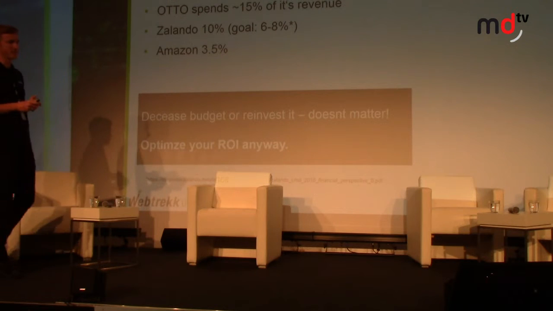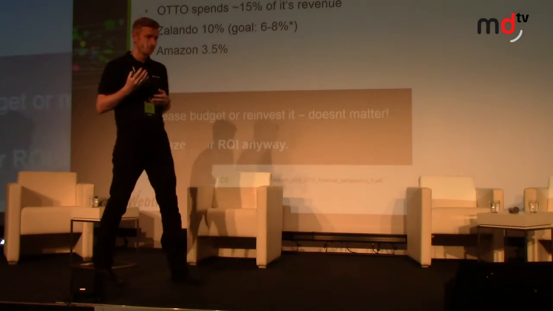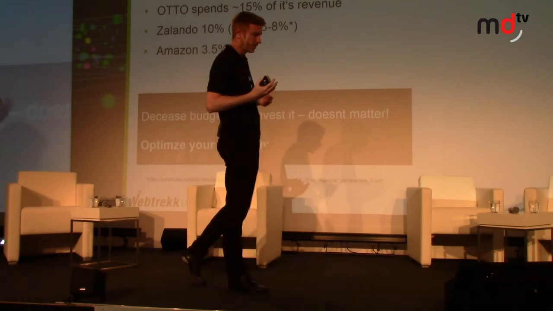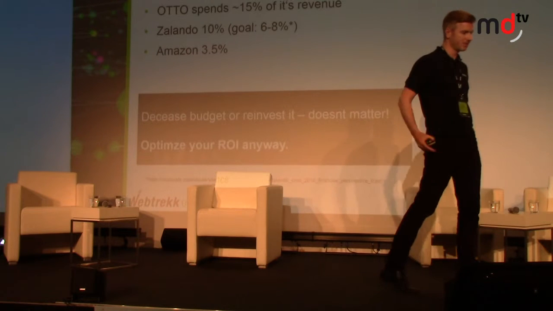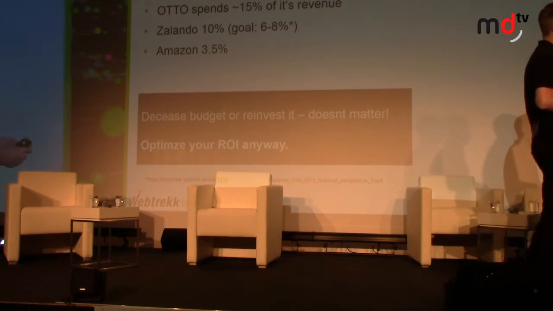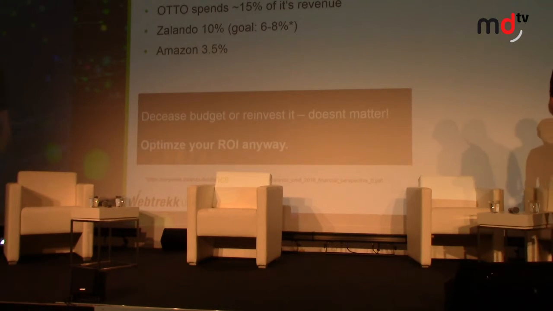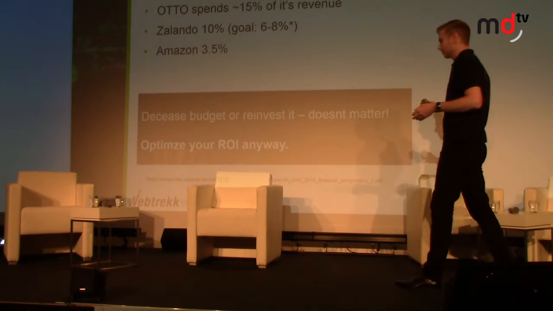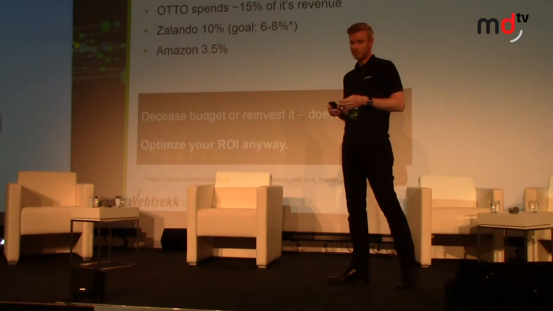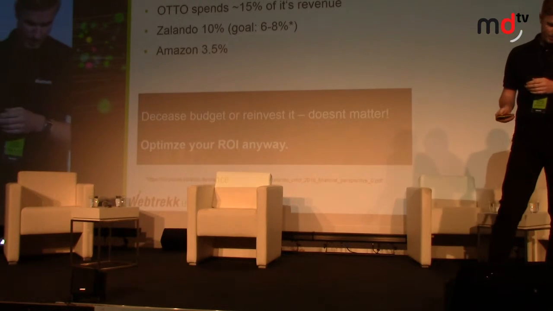So I think we can summarize that companies that are able to activate their existing customer base can decrease their marketing spends, but still grow. And that's really a nice trick. Decrease the budget or reinvest it, it's on you, doesn't matter. But definitely you will optimize your ROI.